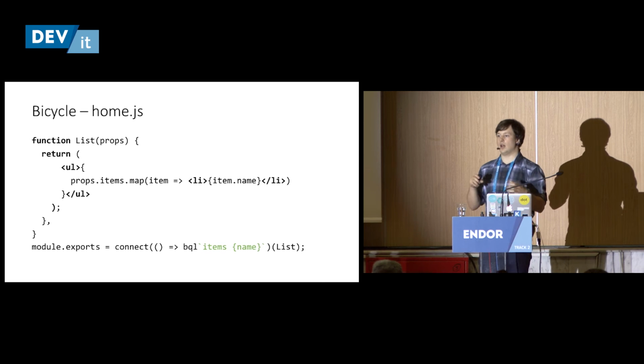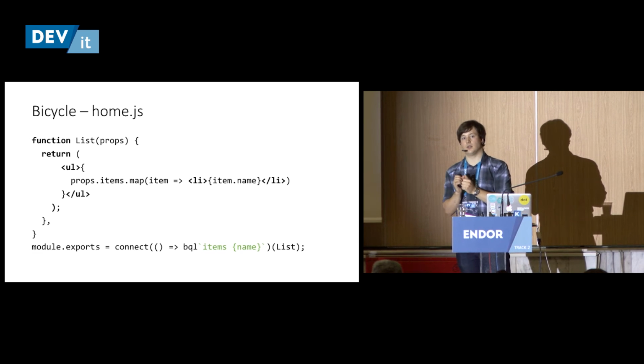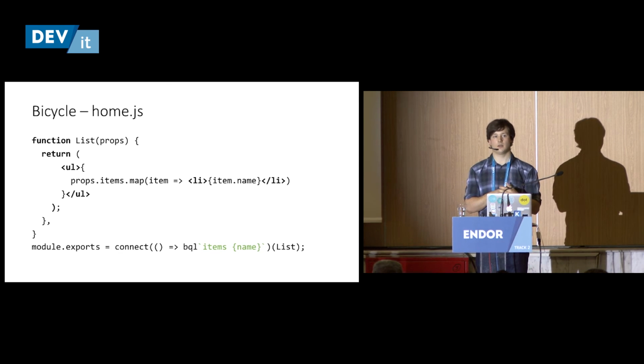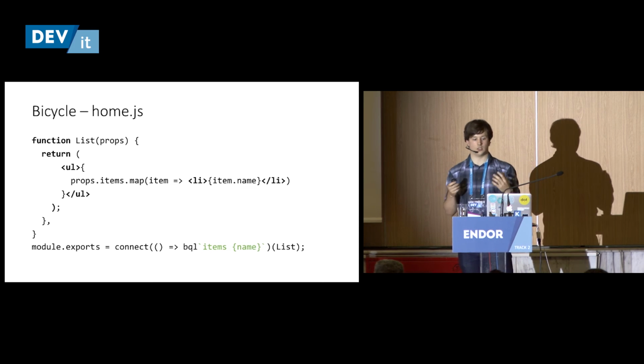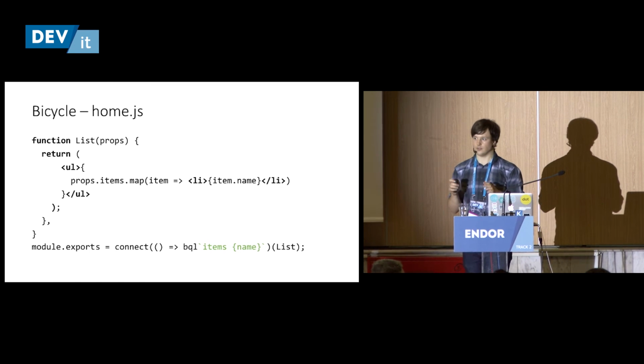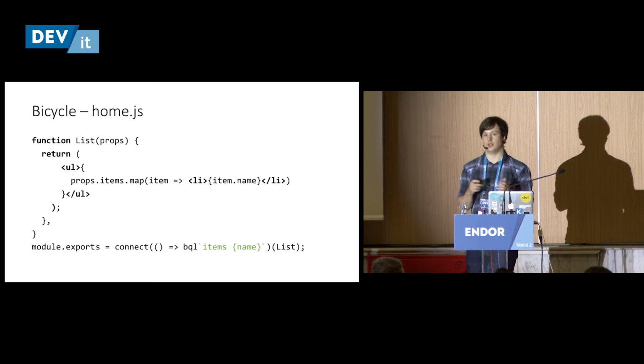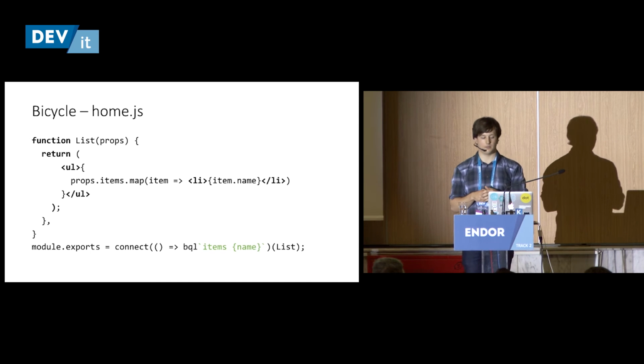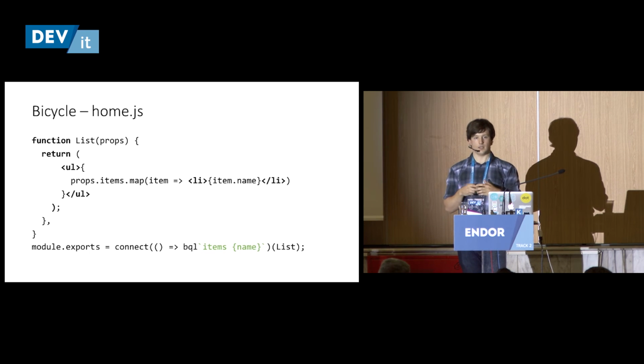And then we've wrapped the list component in that higher order component. That connect function is just a function that returns another component. So there's nothing actually that complicated in there, and you can check out the source. It's really quite simple. But what that gives us is a really declarative way of specifying our data fetching.